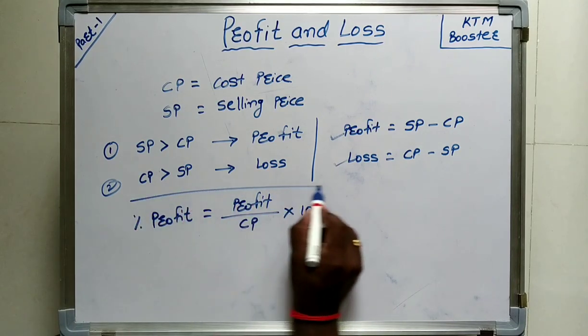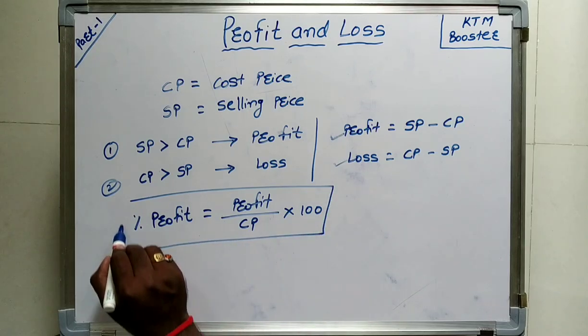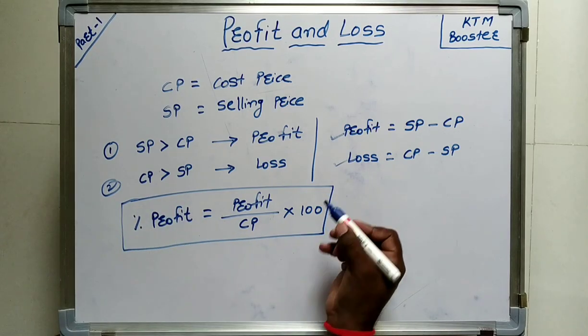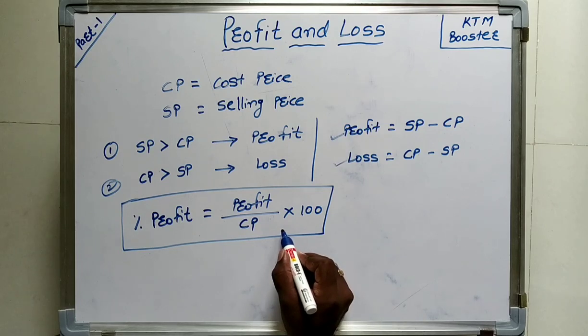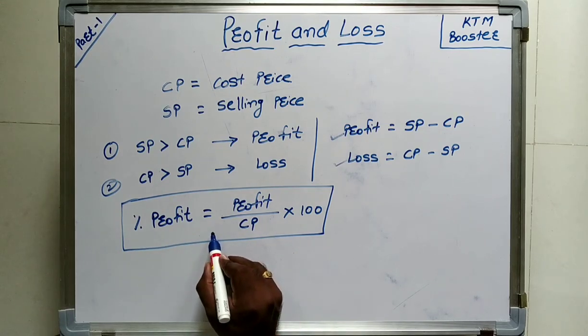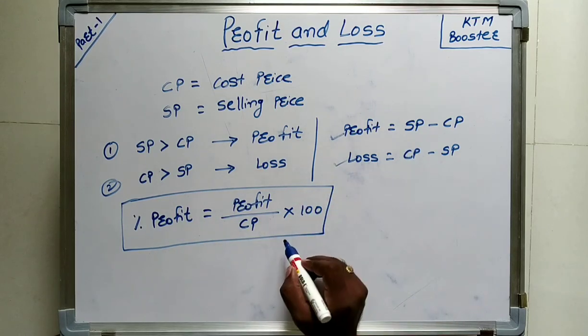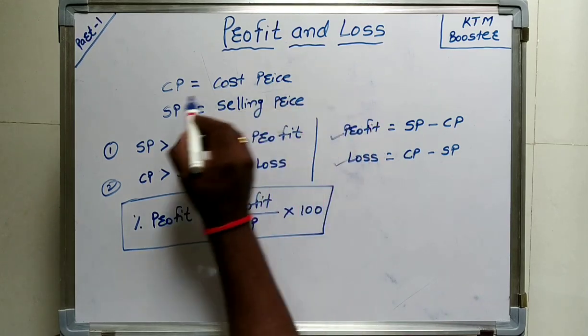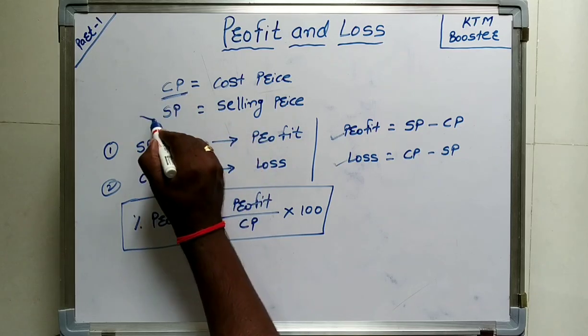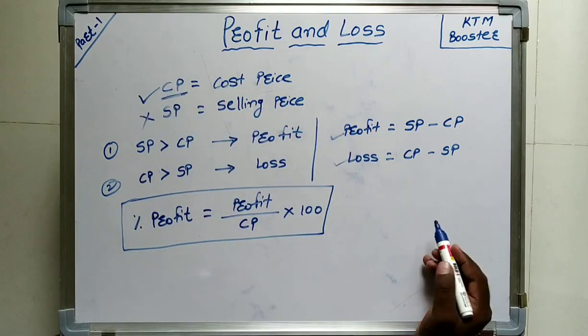This is the formula to calculate percentage profit. Now this is a very important formula, right? Because the profit percent or loss percent is always calculated on cost price, not on selling price. It is always calculated on cost price.